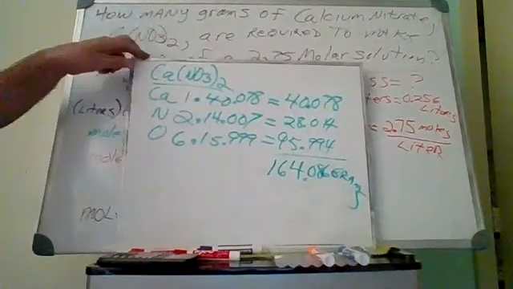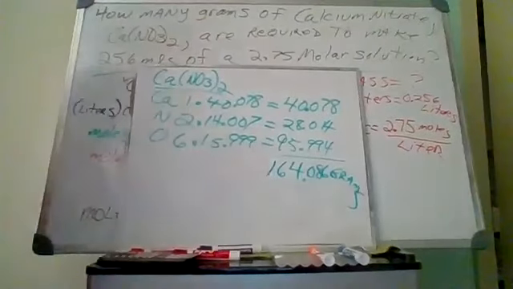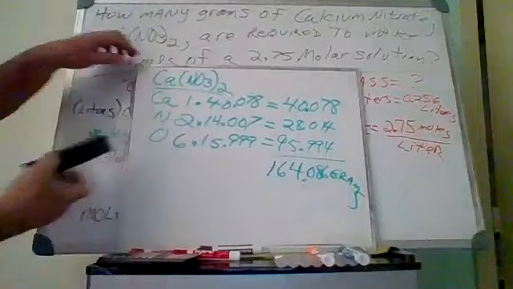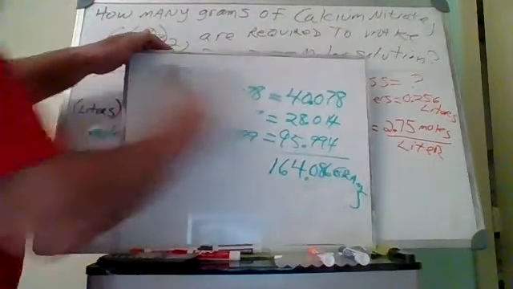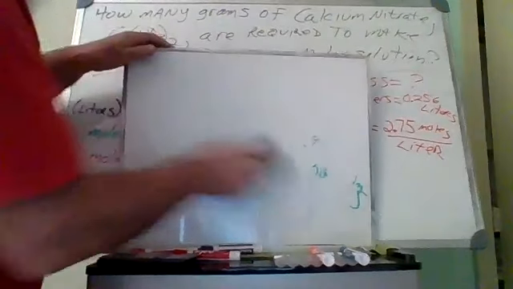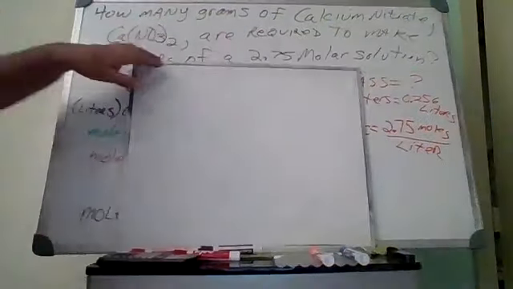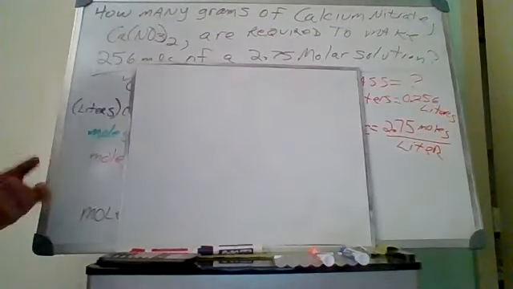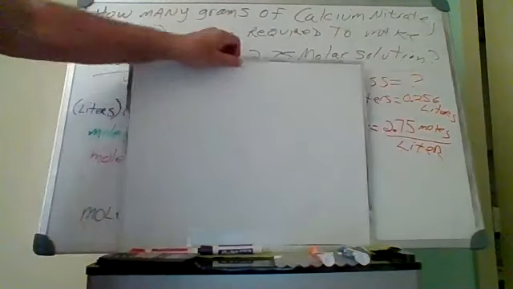Now, I'm going to erase this molar mass calculation because I'm going to need this small board for the mole concept problem to get our final answer. So this is a two-step problem here. We want to convert the 0.704 moles into grams.